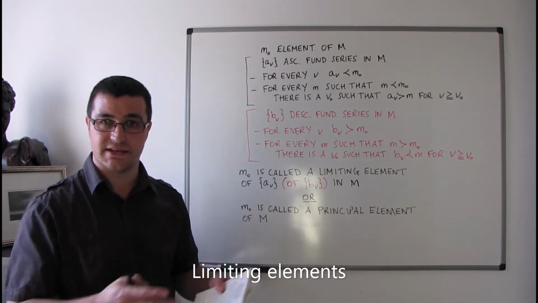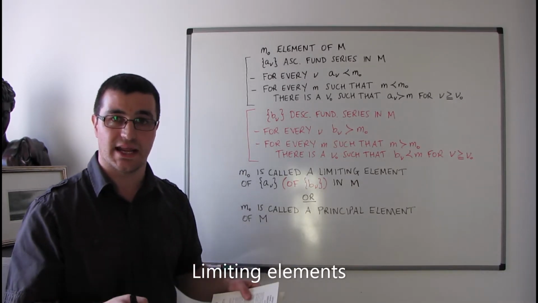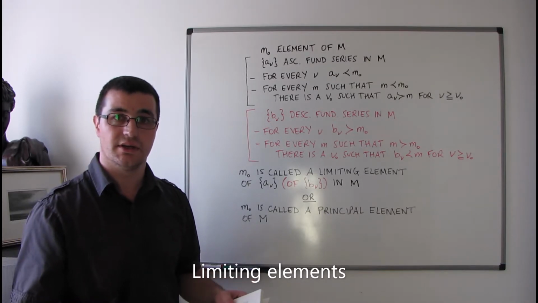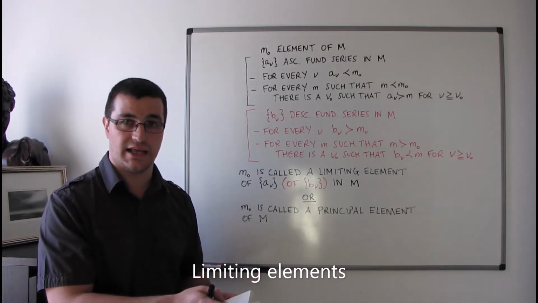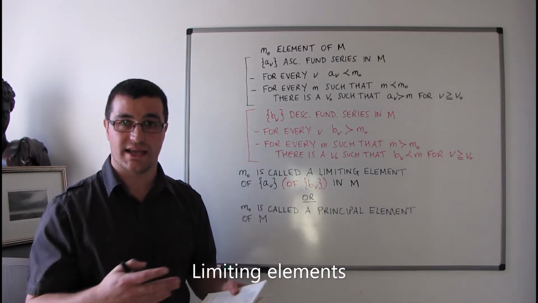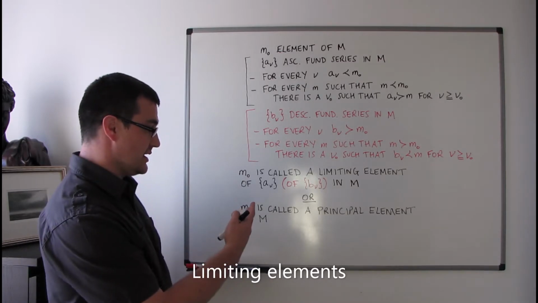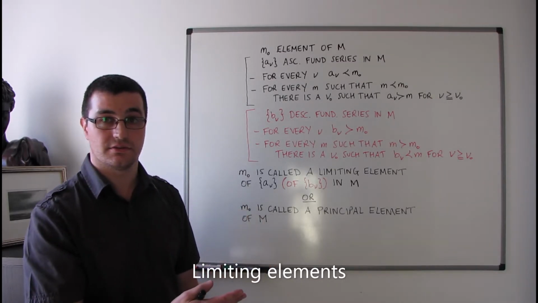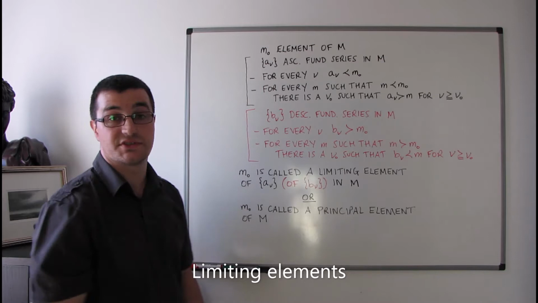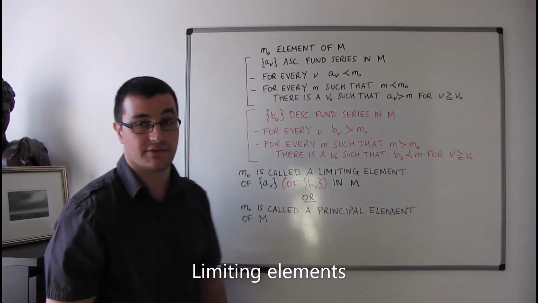Dense in itself is different from everywhere dense. So the definition of everywhere dense was between any two elements in our aggregate, there's always a third element. But dense in itself means that every element of our aggregate is a principal element. So in other words, it's a limiting element of some ascending or descending fundamental series.